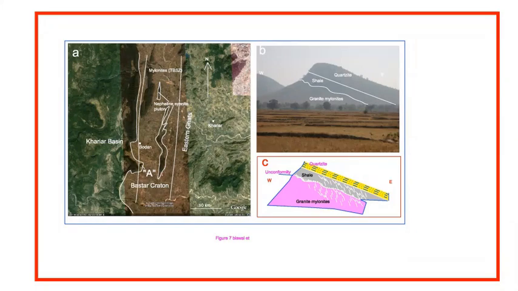But in the same Vindhyans, some people have found trace fossils, Ediacaran fossils in Vindhyans, and take the age of the Vindhyans to Cambrian. So the top part of the Vindhyans is still controversial. Similarly, Kadapa, we do not know the top part. The bottom part is more or less fixed, 1.8 or 2 billion year age.